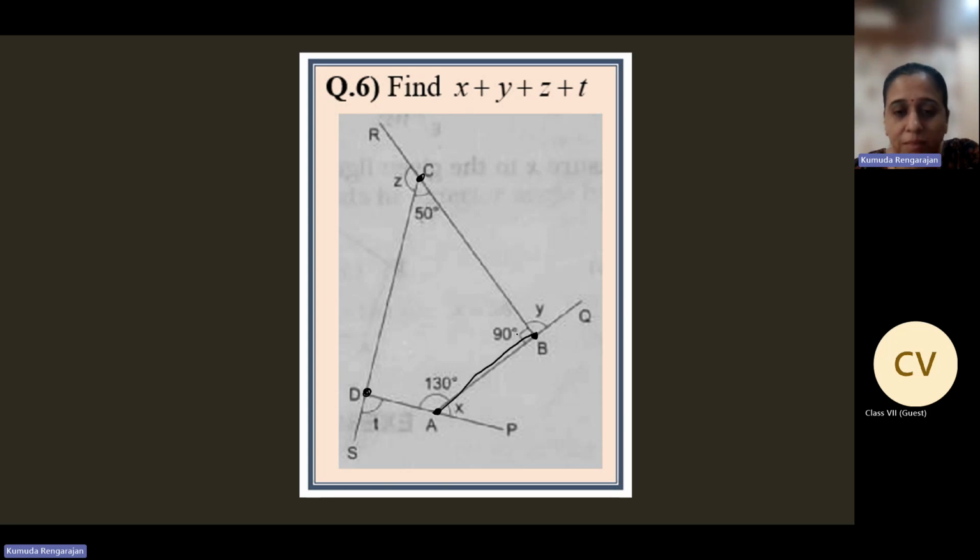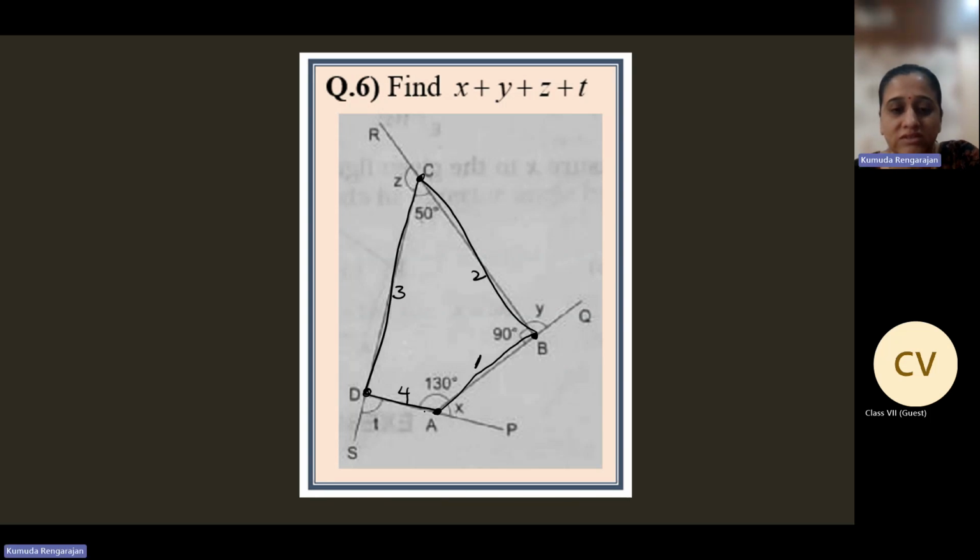Side AB, side BC, side CD, side DA. Side AB is 1, side BC 2, side CD 3, and side DA 4.